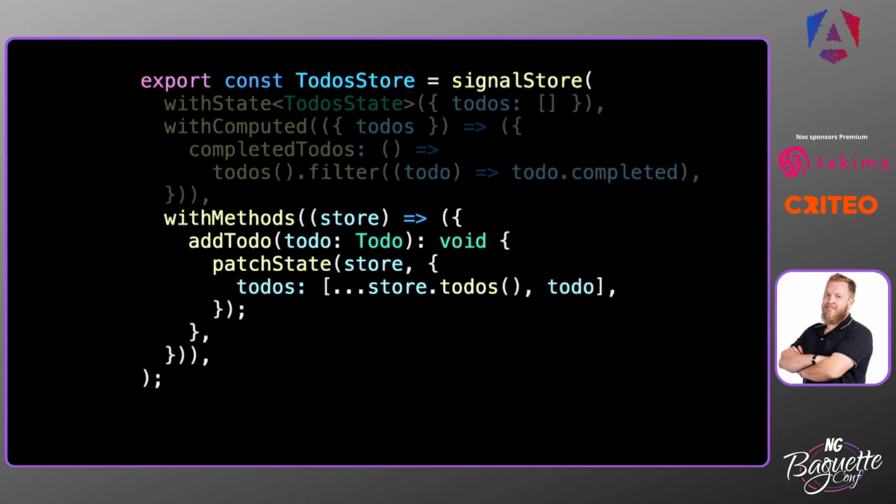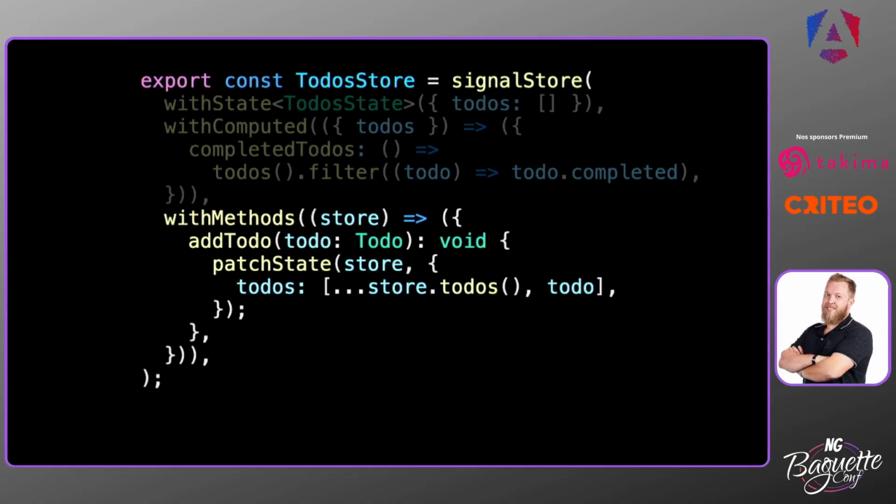Now, typically, you still have to act on the state one way or another, change it. For that, we have the withMethods helper. With methods, you can say, hey, I have this method to add a to-do. And what does it do? Well, in this case, it will patch the state. It will update our todos, spread the previous ones, and add the new one.